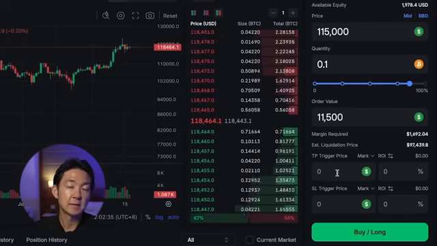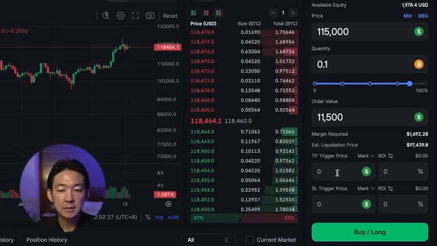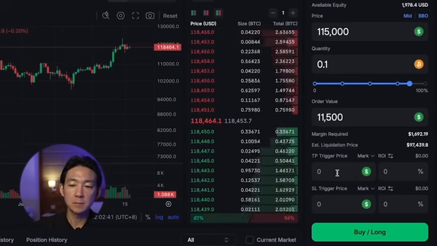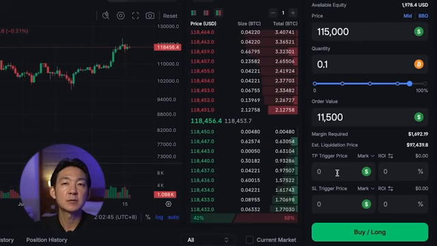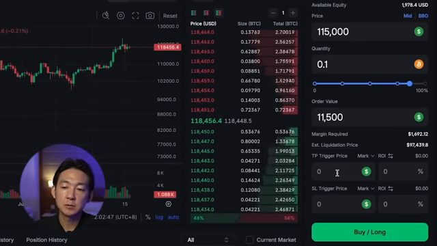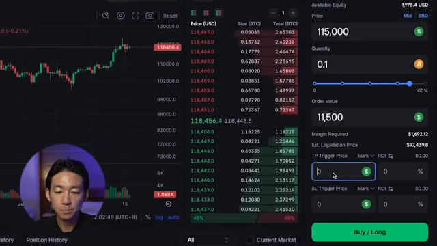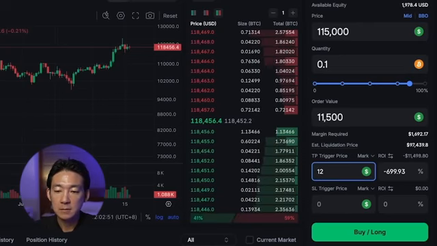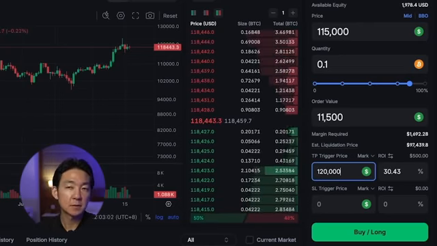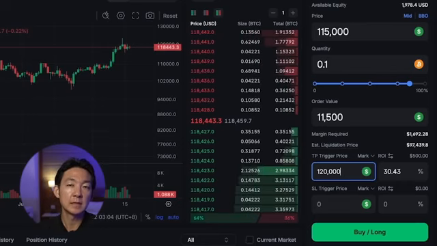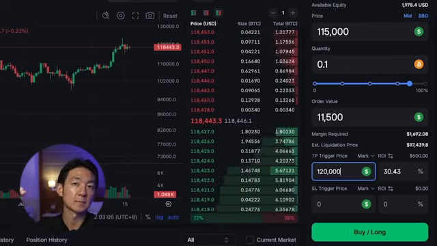So take profit: once we buy the Bitcoin, where do you want to take a profit? This is the take profit order. So let's say if I buy a Bitcoin at 115,000, I want to take a profit at, let's say, 120K. Yes. So for the buy order, the take profit order should be above the buying price.